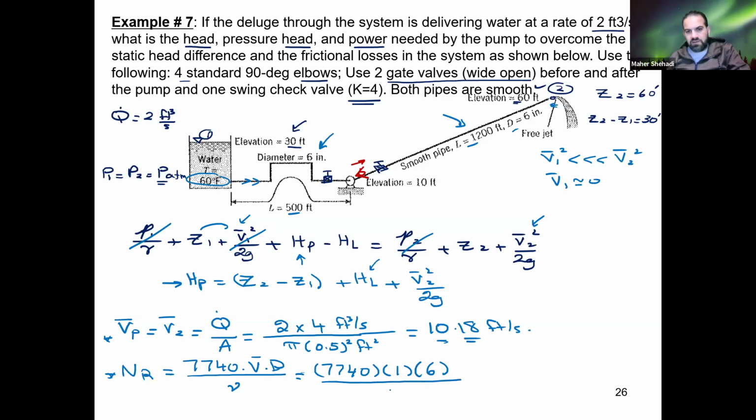And here we'll use 1, the viscosity is 1 centistoke. And this would be 472,759. As you can see, it's above the 100,000, so it is turbulent.